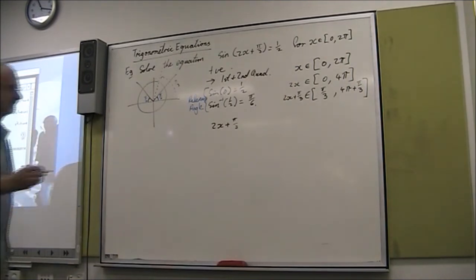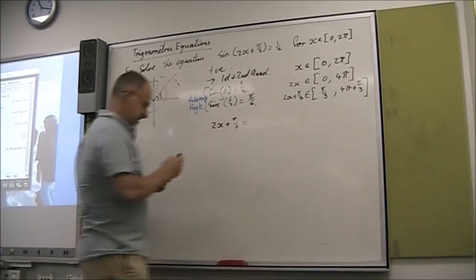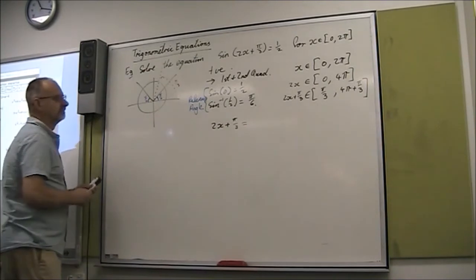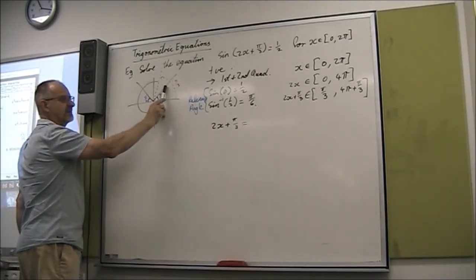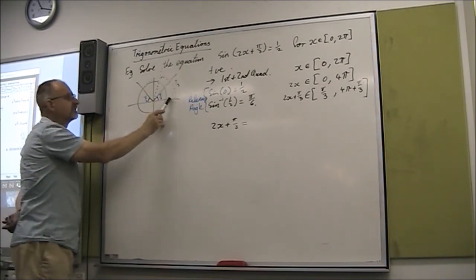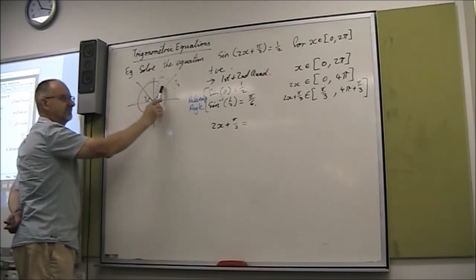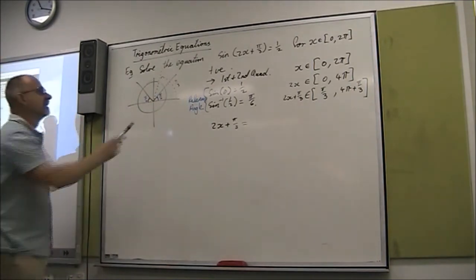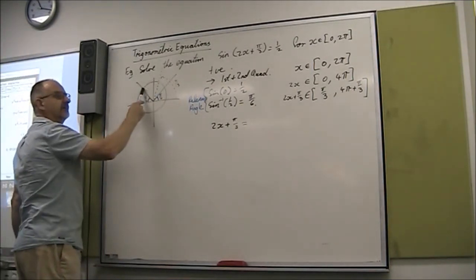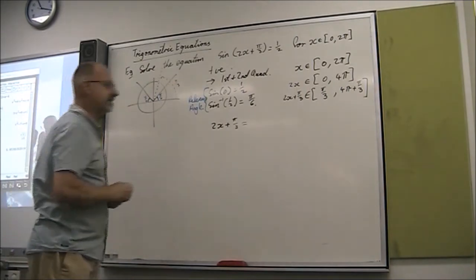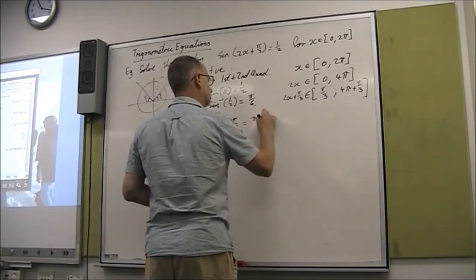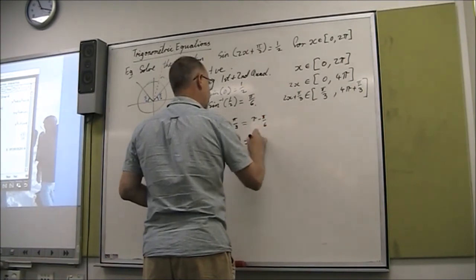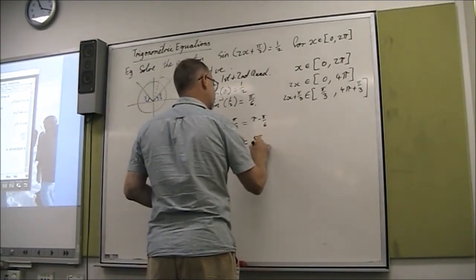Alright, so the first one, start here, get to there, pi on 6. Pi on 6 is not in our domain, yeah? So we haven't got to there yet, so pi on 6 is not. Here to there, pi minus pi on 6, that fits in alright, because that'd be 5 pi on 6, wouldn't it?